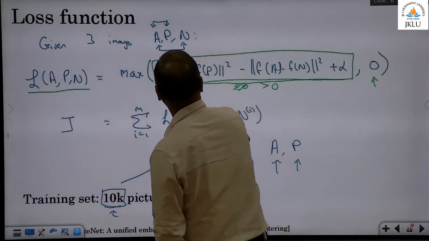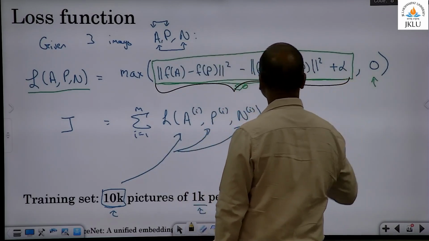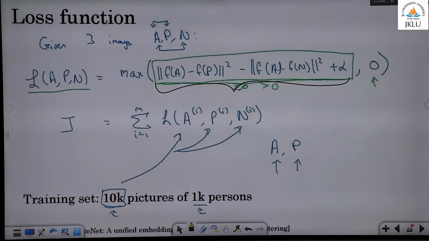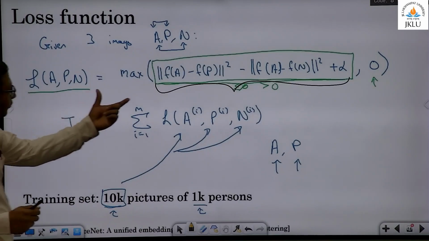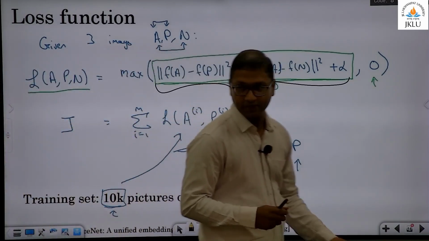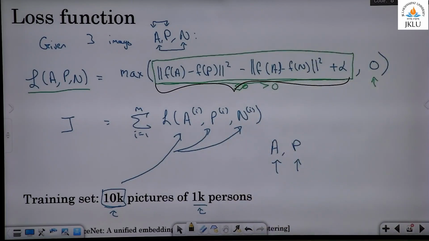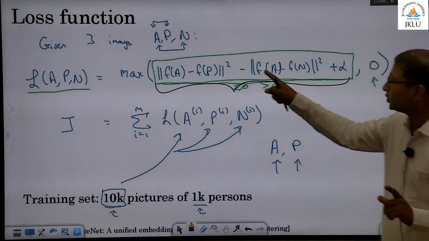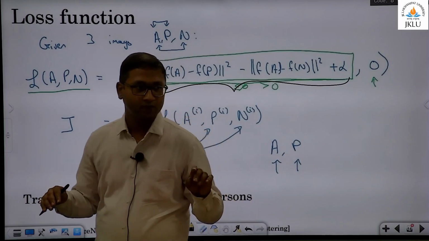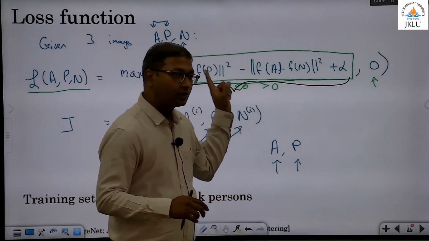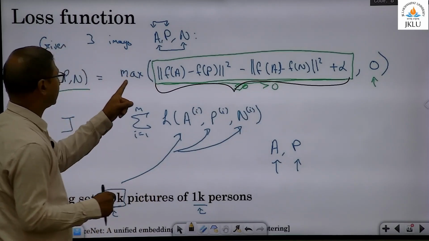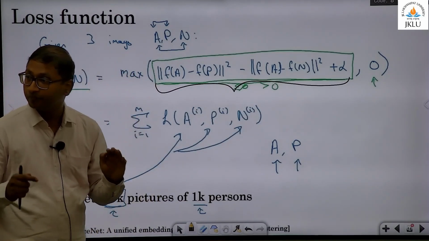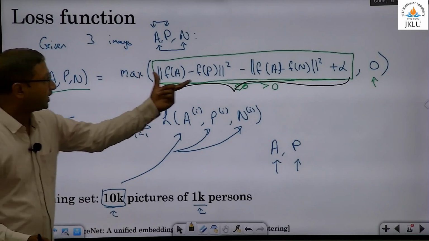Now this will be greater than 0 if these separations are not enough. So if they are not enough and you have positive and negative examples compared to the anchor, then you need to widen this gap. Since the gap is not wide, you need to widen it. That means there is a non-zero error on that. So you take that part.